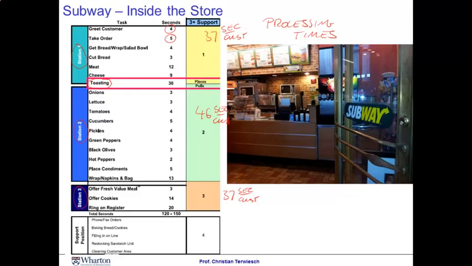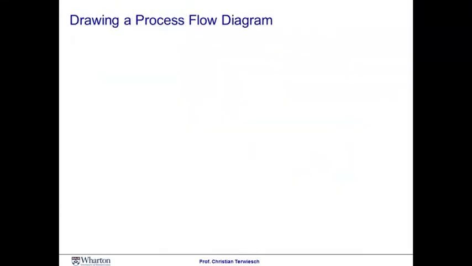Now, let me propose a slightly different representation of the same data. This way, we can draw a little picture that captures the flow of a flow unit through the process here at Subway. This picture is called a process flow diagram.